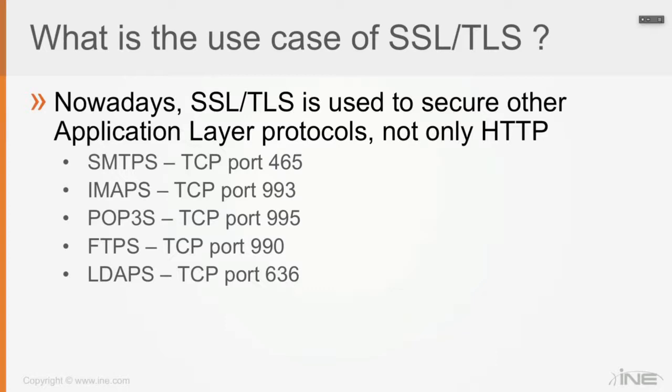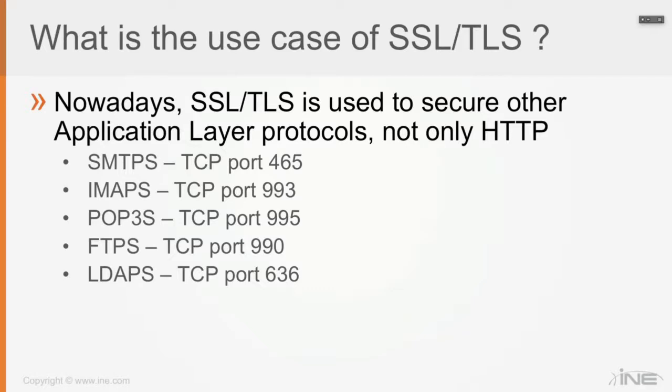There are, of course, other protocols which make use of SSL or TLS, but those are the most commonly known ones, where SMTP, IMAP, and POP3 are email-related protocols. FTP Secure, we know what FTP is, and LDAP is the connection protocol which is used to speak with a database, an LDAP database.